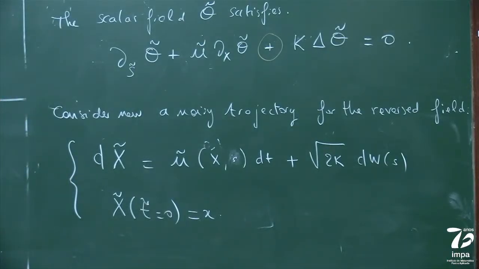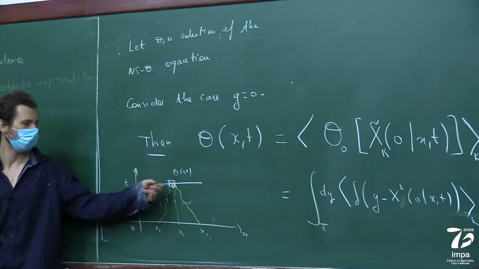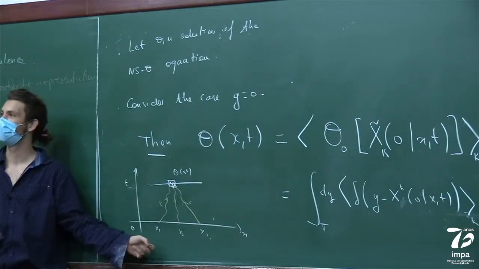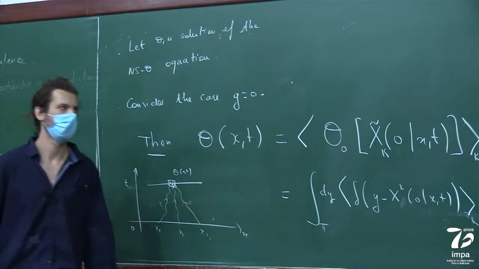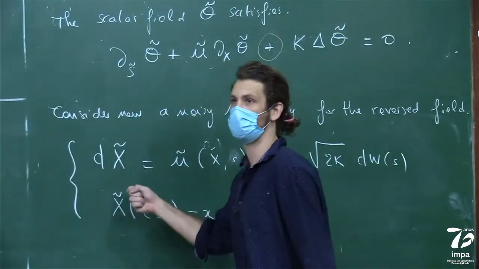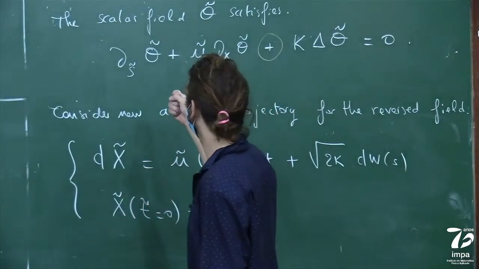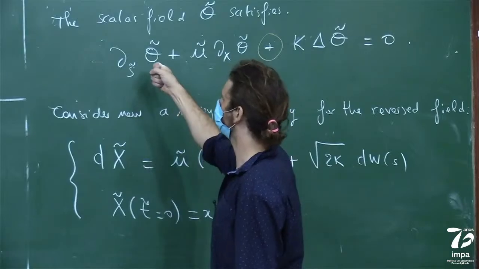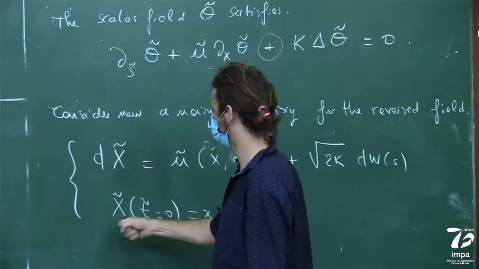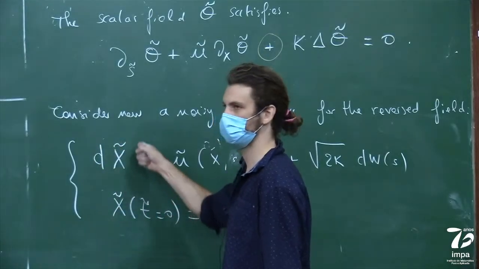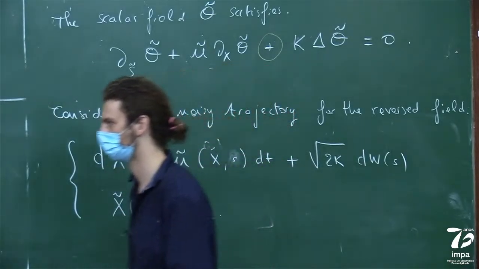So basically, the idea is that I'm going to start from here, but instead of going this way, I'm going this way. That's it. And so now we can apply Ito's lemma for the reverse field, for the tilted scalar at different positions prescribed by x tilde.